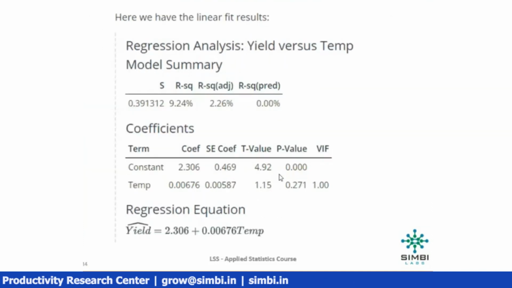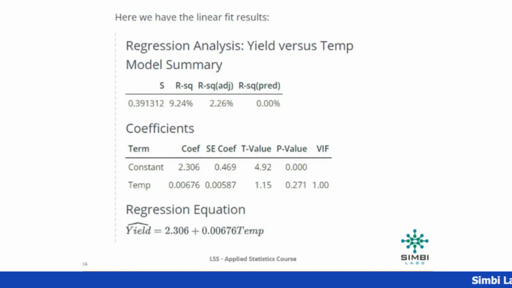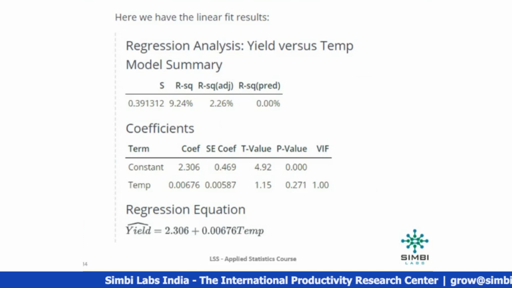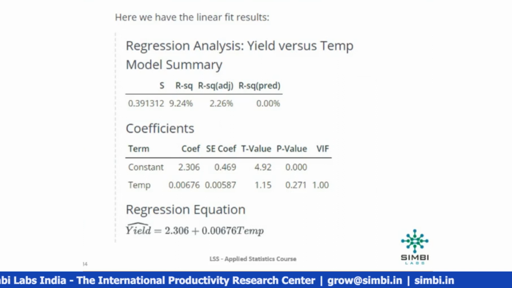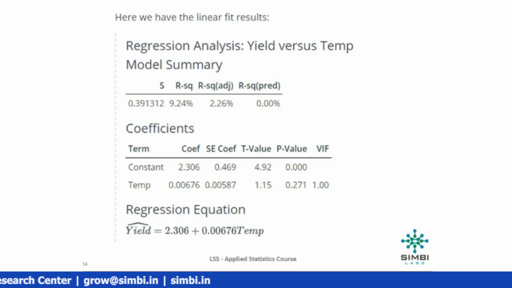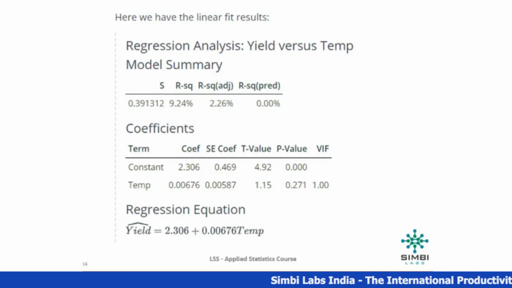Next, we have the linear fit results, the regression analysis for the yield and the temperature. We need to calculate the values of R square, R square adjusted and R square predicted, and also find the coefficients, the coefficient for the constant and the coefficient for the given temperature. Then use the regression equation, yield equal to 2.306 plus the coefficient times the given temperature.